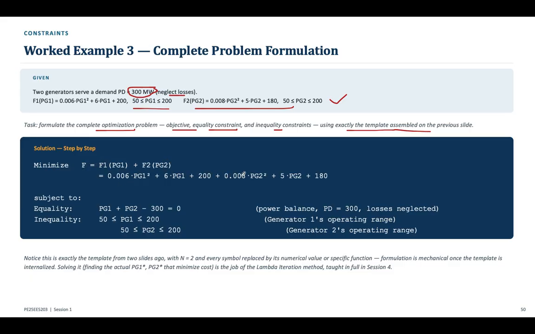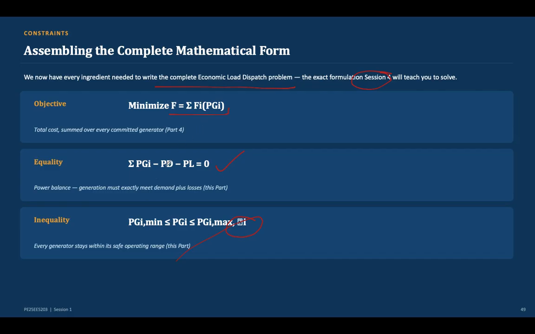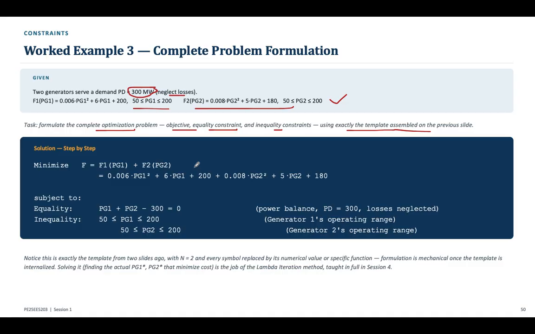So if you put Fg1 and Fg2 there, subject to the equality Pg1 plus Pg2 minus 300 megawatt is equal to 0, right? That comes from the formula. Where is the formula actually? I think here, this formula. No, we don't have any loss here. Pg1, Pg2.